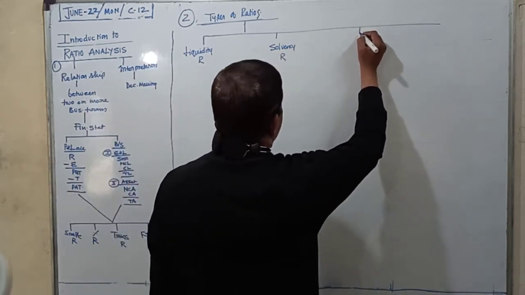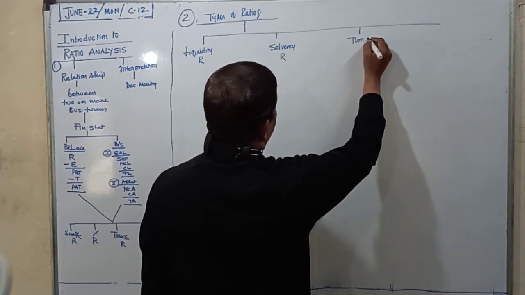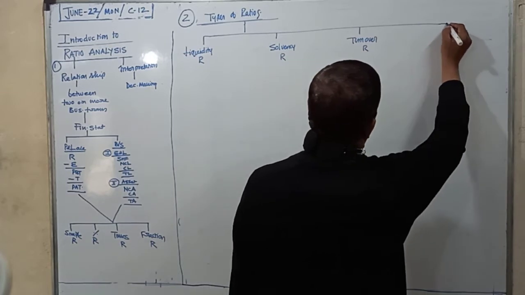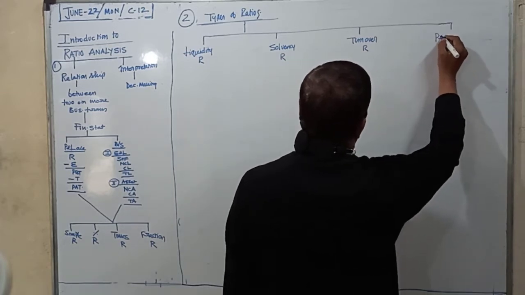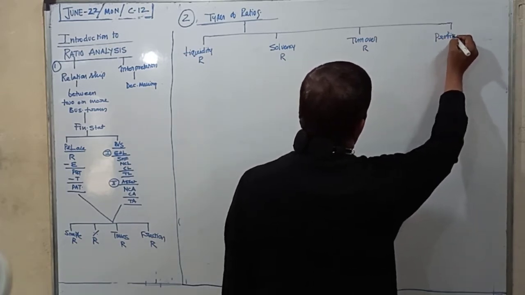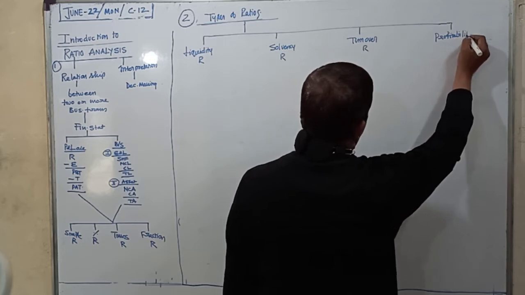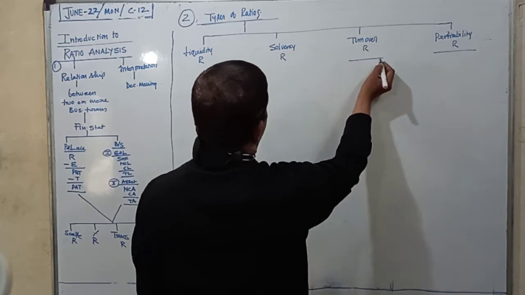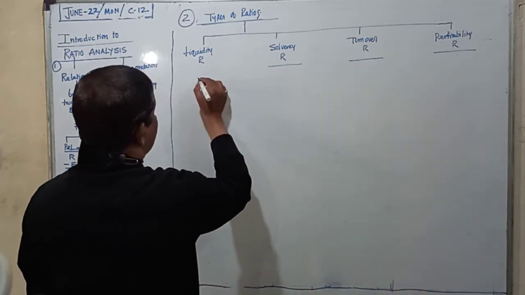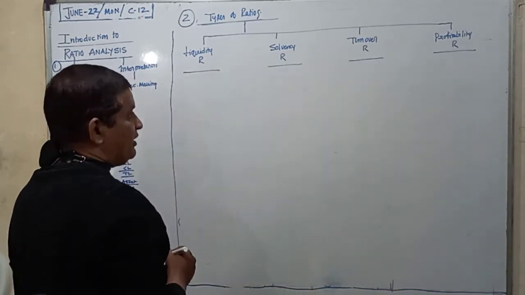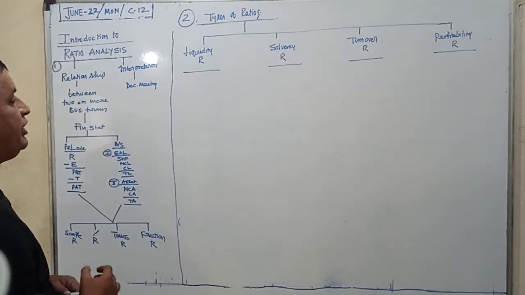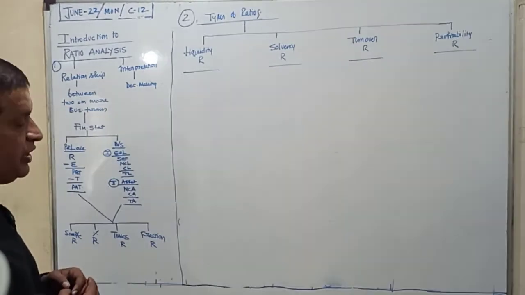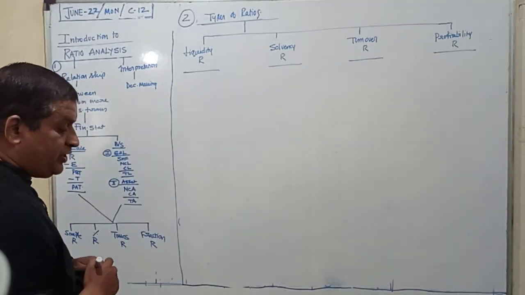The next category is turnover ratios. And the next category is profitability ratio. So: liquidity ratio, solvency ratio, turnover ratio and profitability ratio.